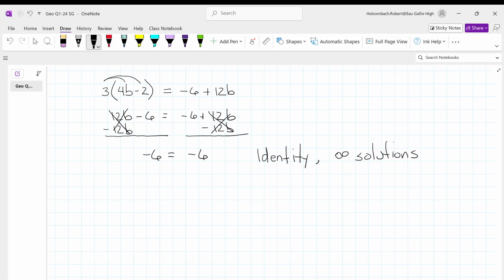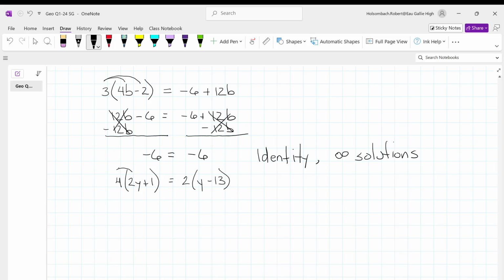Let's look at 4 times 2y plus 1 equal to 2 times y minus 13. So in this case, we've got distributive property on both sides.